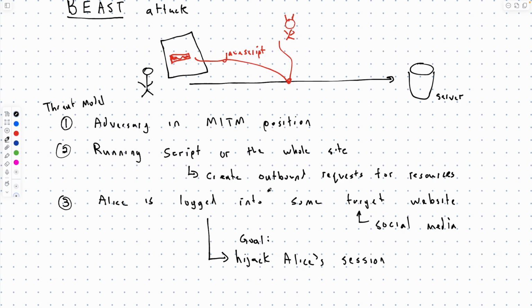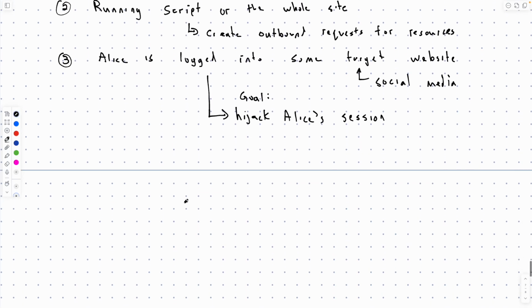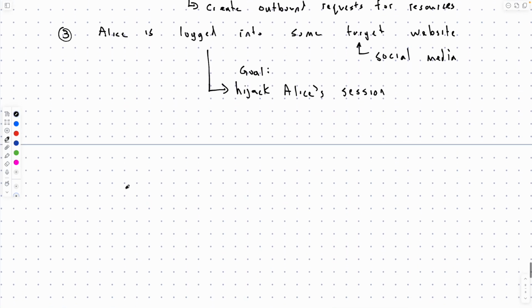Okay. All right. So here's what's going to happen, sort of graphically. The malicious website or the JavaScript can create basically a request. And the request is going to look like this.